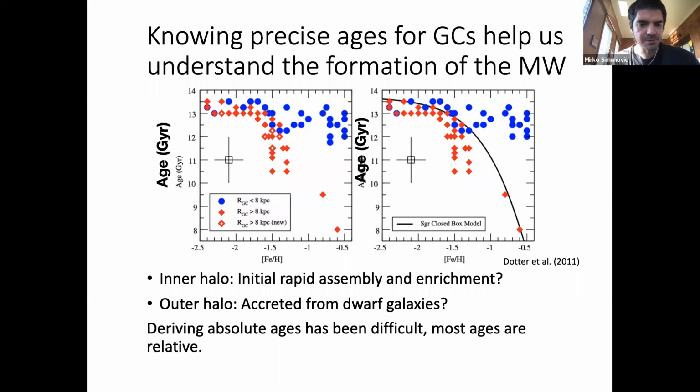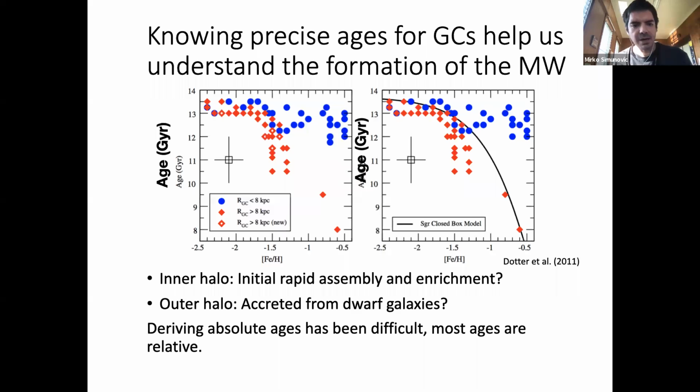And the outer halo, the red clusters, those were possibly accreted from other galaxies, galaxies that were orbiting our Milky Way, and they had lower mass. Because they had lower mass, they were accreted. Our galaxy was able to accrete these galaxies and therefore accrete the clusters that were located in these dwarf galaxies.